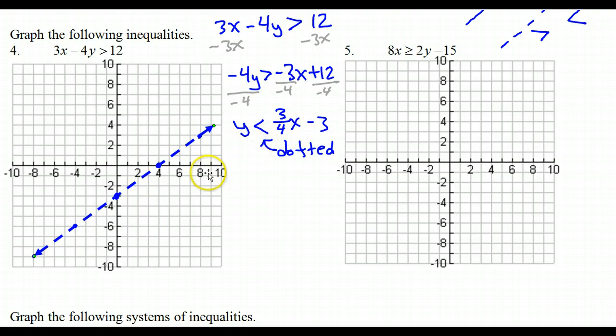Now, when it's an inequality, in addition to just having a line, we can reflect the inequality by shading. And I encourage you to think of this using these two words, above and below.